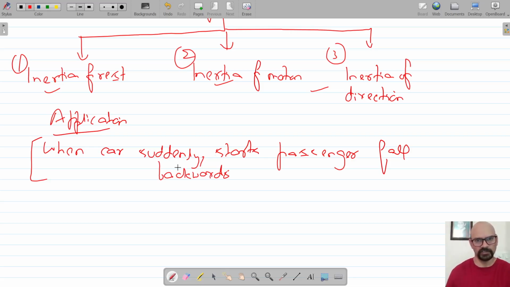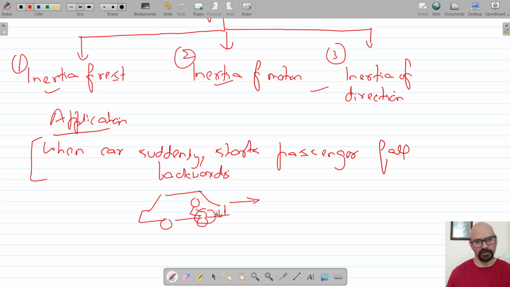So when the car suddenly starts, let's say this is a car and the passenger is sitting in the car. Let's say this is the lower part of the passenger, or lower part of the body. Now, when the car suddenly starts, the lower part of the passenger is in contact with the floor of the car.